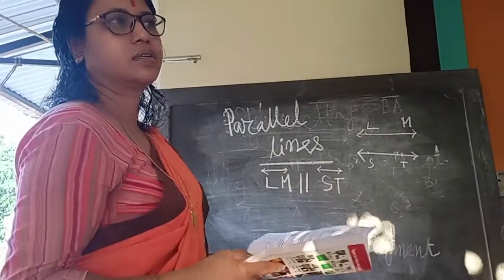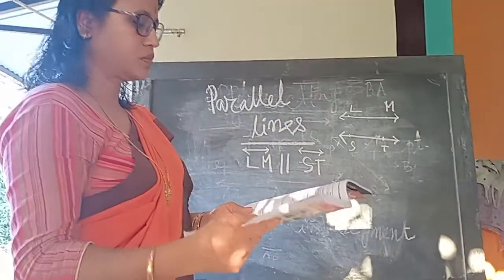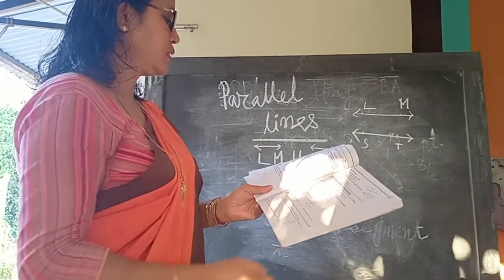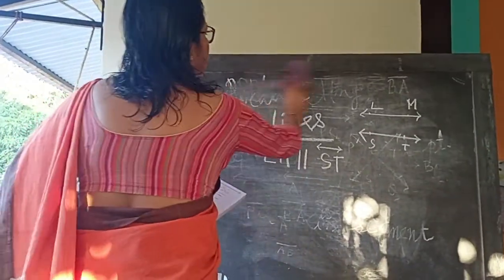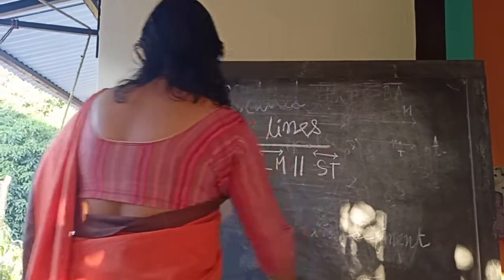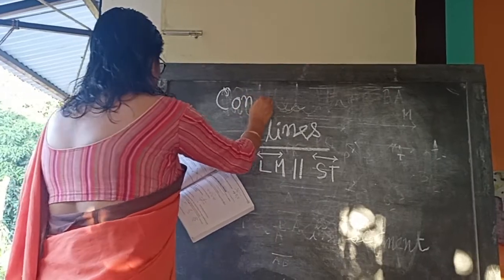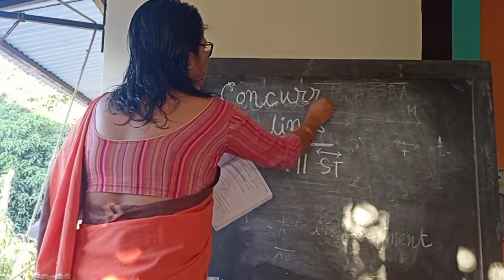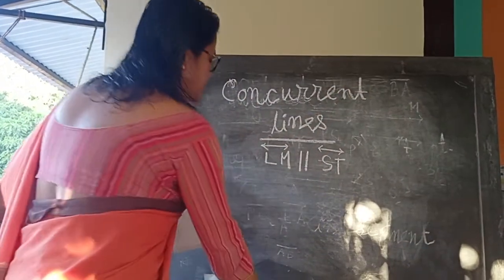Do you understand? If you don't understand, please ask me. Okay. Now see concurrent lines. Here we find different types of lines. Concurrent lines.